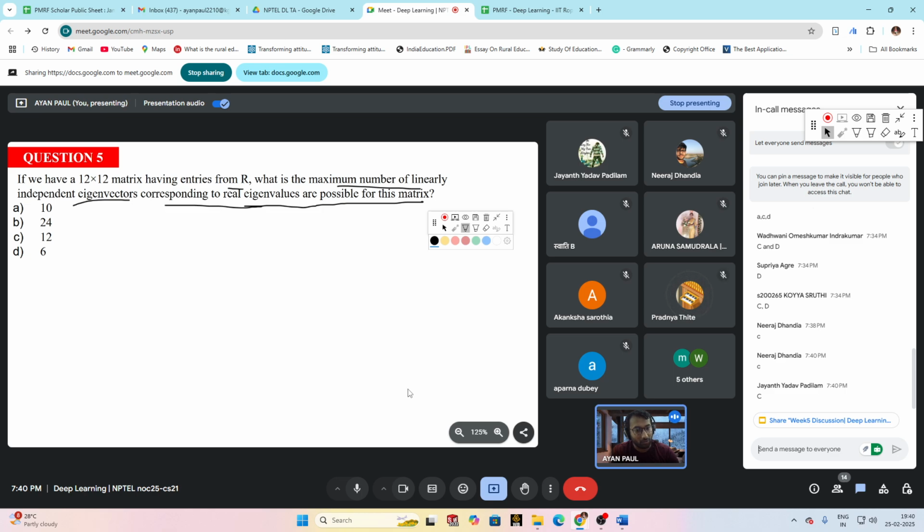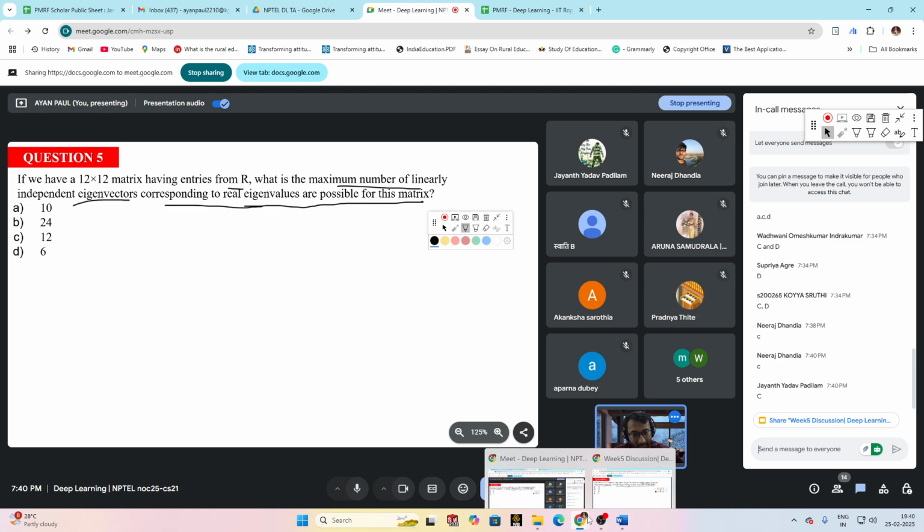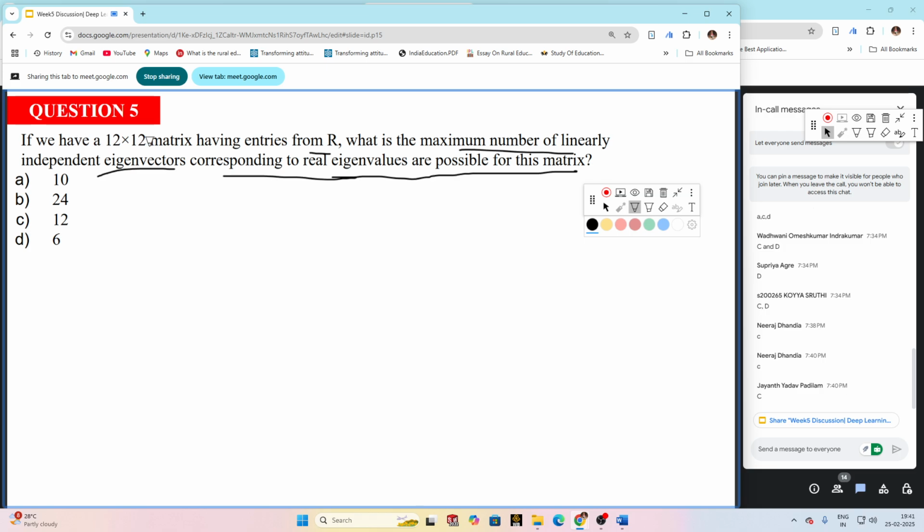So if we have a 12 cross 12 matrix, you just know that if we have a matrix of m cross m, then how many eigenvalues and eigenvectors will it have? It will have m eigenvectors, and these are the maximum number of eigenvectors.